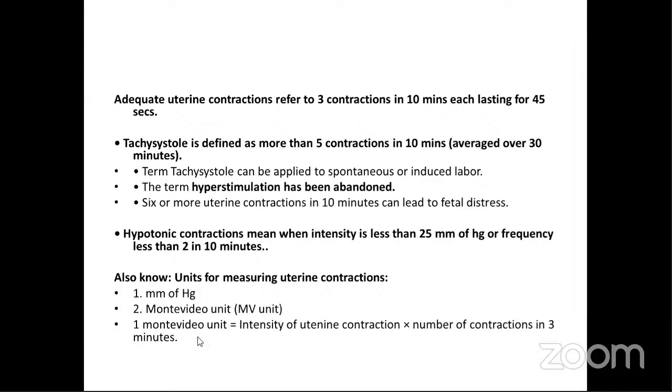So 1 Montevideo unit is equal to the intensity of uterine contraction and the number of contractions in 3 minutes. So this is how we calculate the kind of uterine contractions the patient is having, in terms of Montevideo units. This is a very important terminology you have to remember. There can be a lot of questions on it. So remember this point.